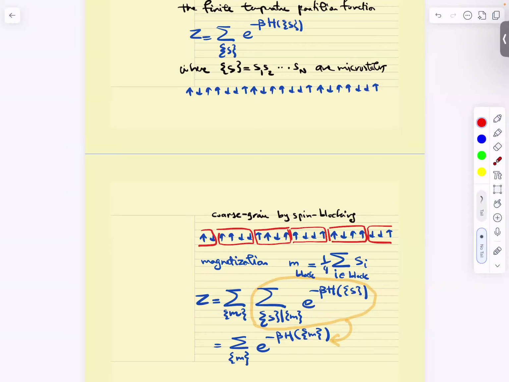Good? This is what we're doing. And then you could perform this sum, and what do you obtain? Because you do this sum, you obtain a function of m. You get e to the minus beta H tilde of m, right?